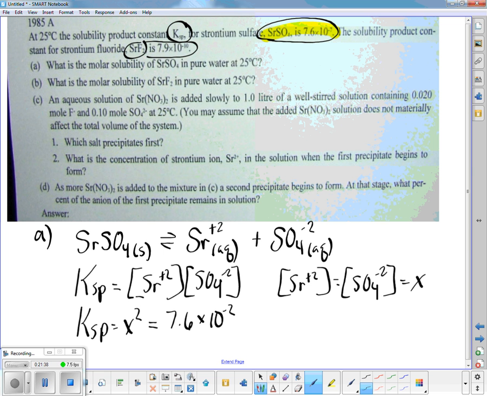And I can solve for X. How do I solve for X? I square root each side. And I get X is equal to what? Square root each side, because I want to get X by itself. I want the answer for X. Yep. So what do we get for the answer?